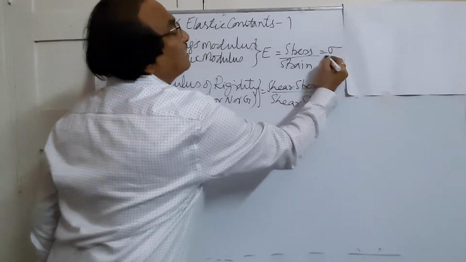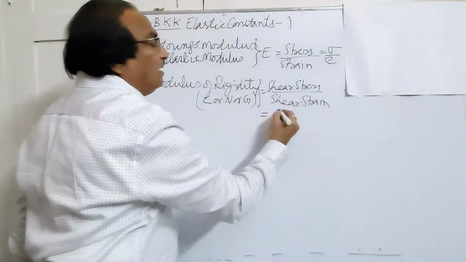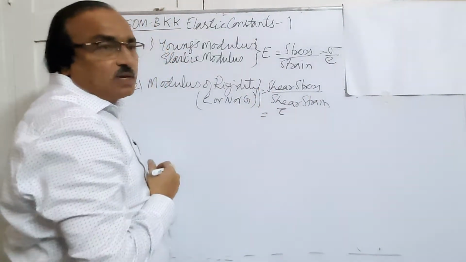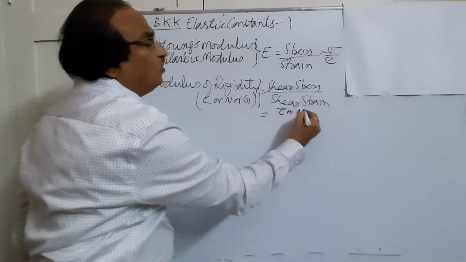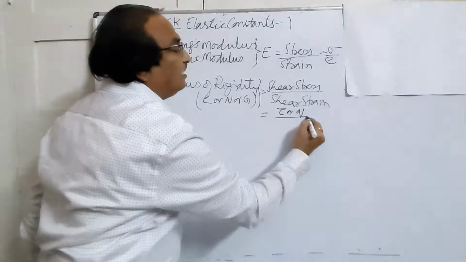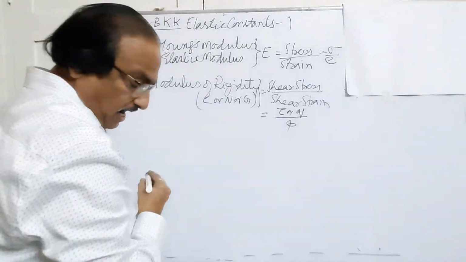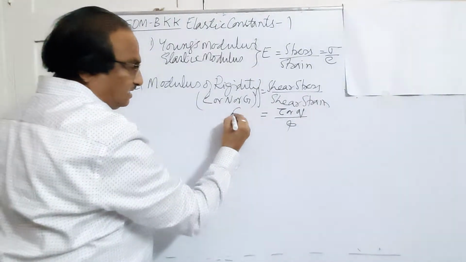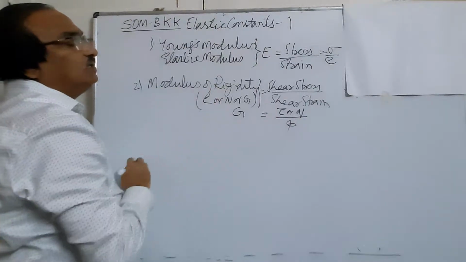Stress we denote by sigma, strain we denote by epsilon. Now here, for shear stress, I will be using the notation tau. Tau is the shear stress, or I can use small q as the shear stress, divided by shear strain. We have seen it is indicated by phi, and we take this as G. I will be using the notation G for modulus of rigidity.